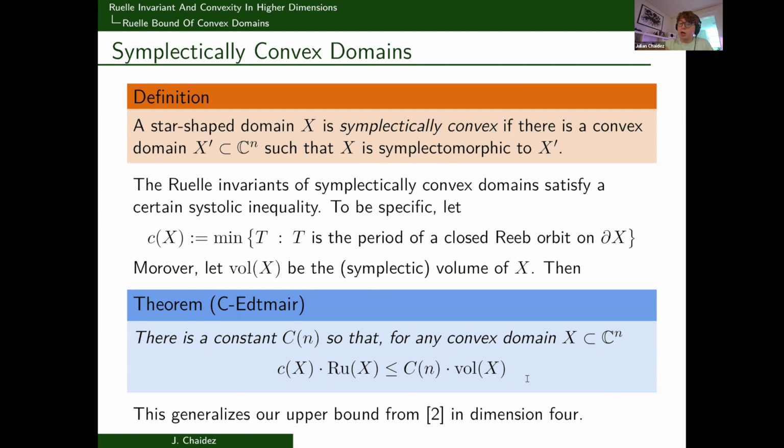Then there is a constant depending only on the dimension of the convex domain, such that any convex domain satisfies the following inequality: the product of the systole length, this little c of X, and the Ruelle invariant is bounded above by that dimension-dependent constant multiplied by the volume.